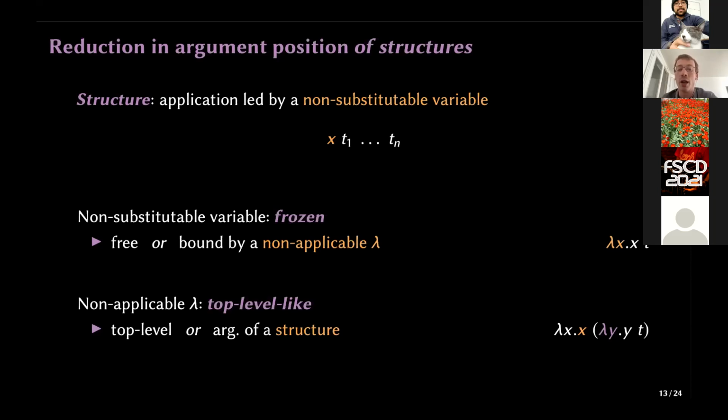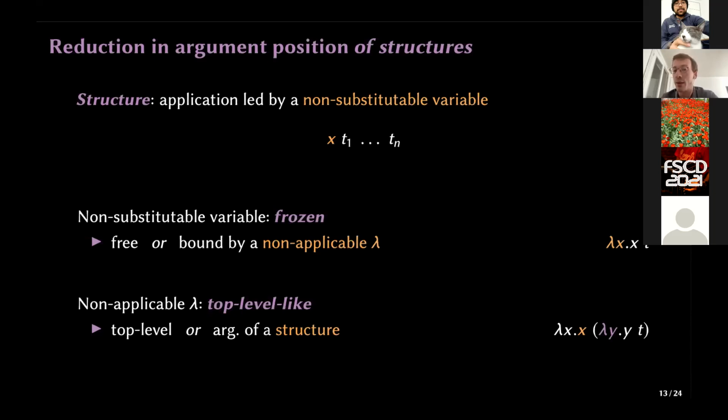Now, which kinds of lambda abstraction are guaranteed to never be applied to any argument? There is again one very simple case. If the whole lambda term you're considering starts with a lambda abstraction, this abstraction will not be applied. It's the top level position of your term, and it will stay there forever.